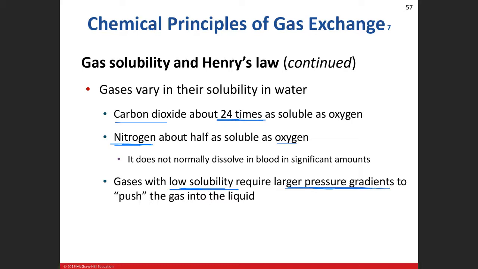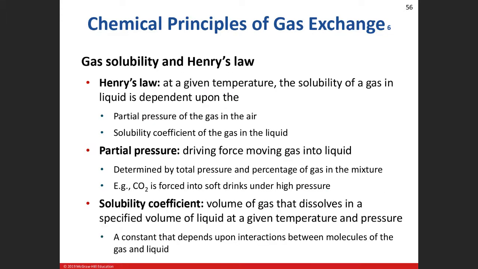That's what we're talking about when we talk about the chemical principles of gas exchange. We've got to get that oxygen into solution, and to do that, it depends on the partial pressure of that gas and the solubility coefficient. That's Henry's law. Questions about that?